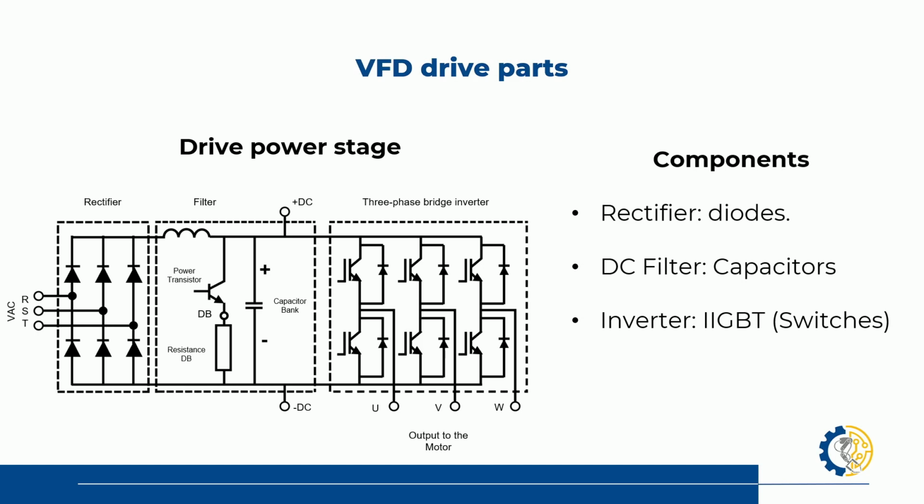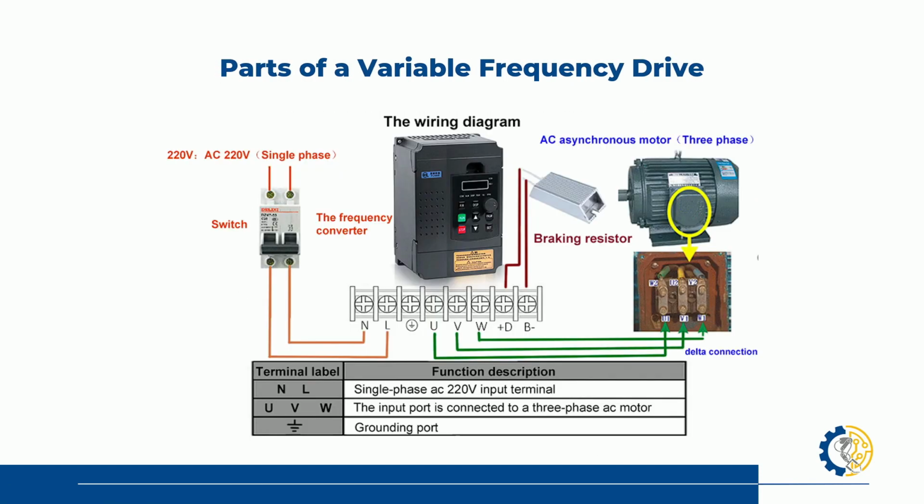Our drive is divided in three parts: the rectifier, the DC link, and the inverter part. Now, what does this do? What is it that we need? In a variator, all that we need is, all right, so let's say we can't modify our speed or our input voltage, okay?